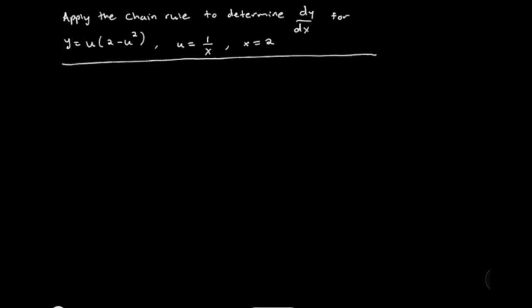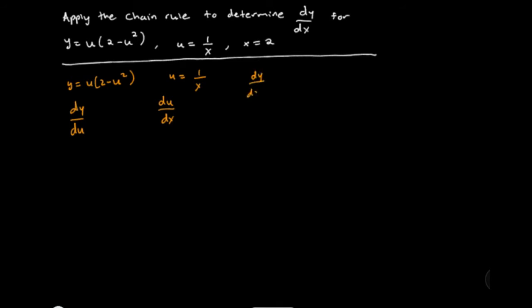So if we want to find dy over dx, we understand that if y is equal to u times (2 minus u squared), if we find this derivative with respect to u, we can call this dy over du. u is equal to 1 over x. If we find this derivative with respect to x, we can call this du over dx. Okay? But you want to figure out dy over dx.